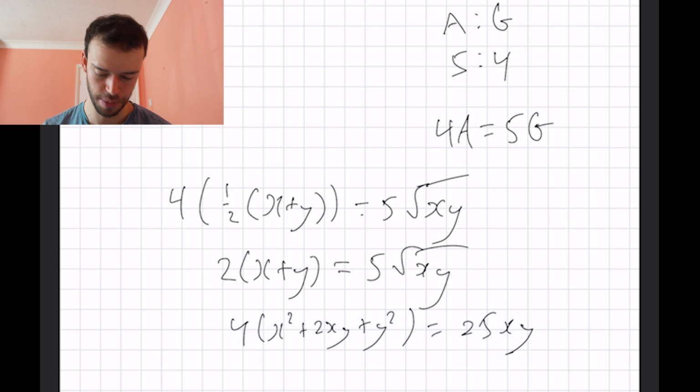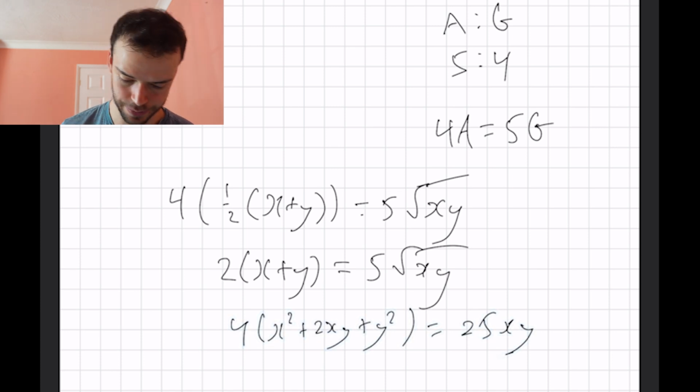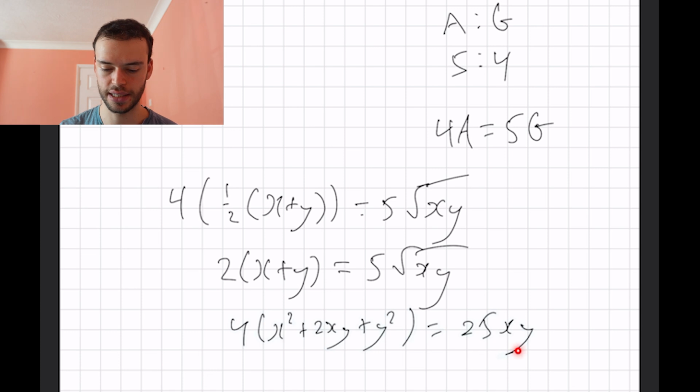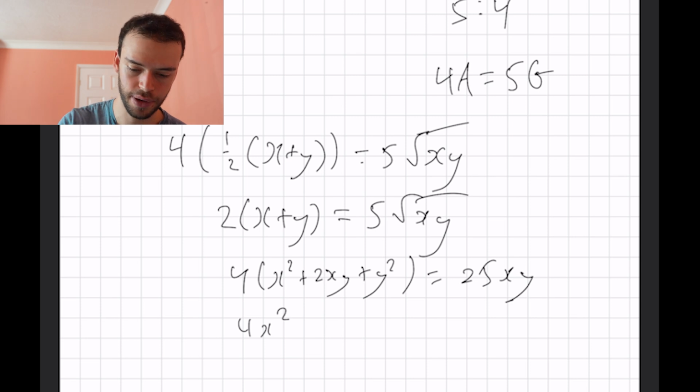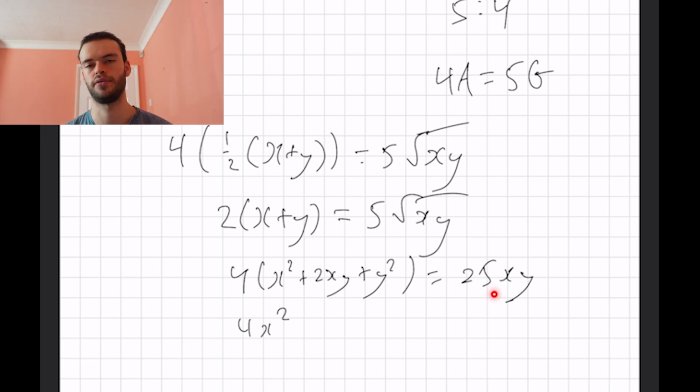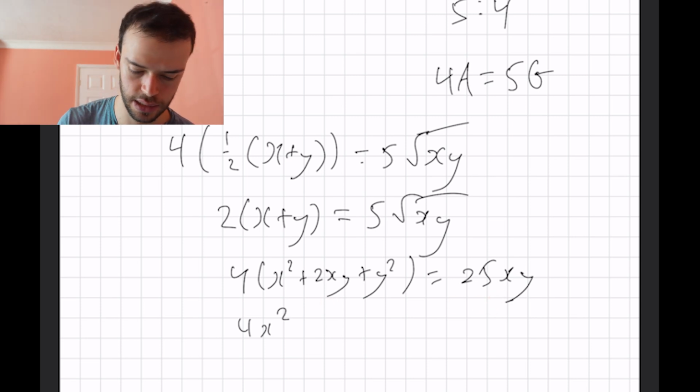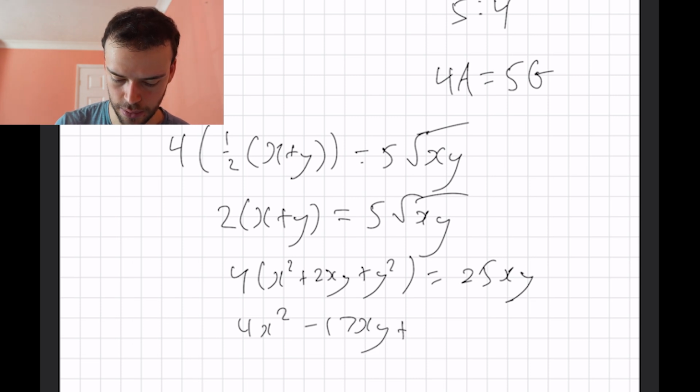So where do we go from here? Well, it may be useful to get everything onto one side equal to 0. Let's do that. So if we expand this bracket and we minus this from both sides, we're going to get 4x squared plus 8xy minus the 25xy, that's minus 17xy, plus 4y squared equals 0.